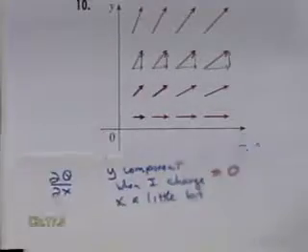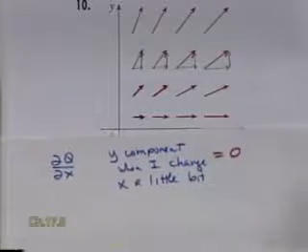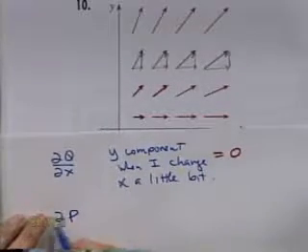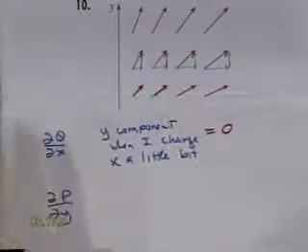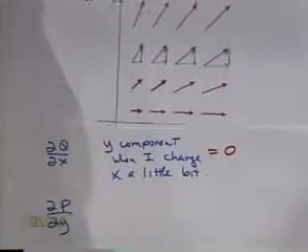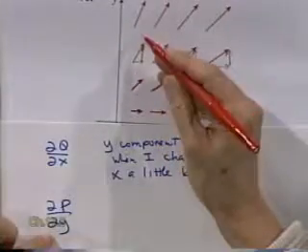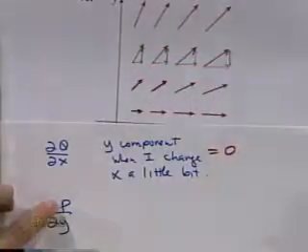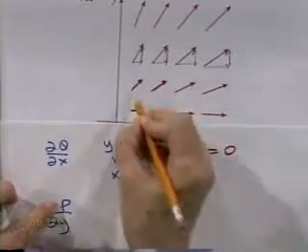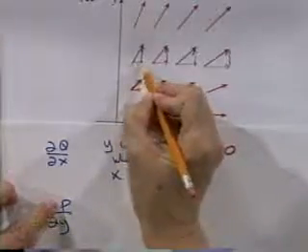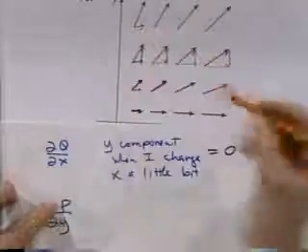All right, now let's look at the next one. The other one we had to do was the partial of p with respect to y. What's p? The x component. So I'm looking and I'm saying, okay, as I change the y component, is the x component changing? The x component's this much, this much, this much, this much.